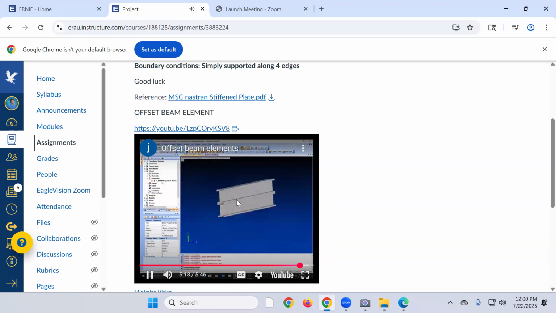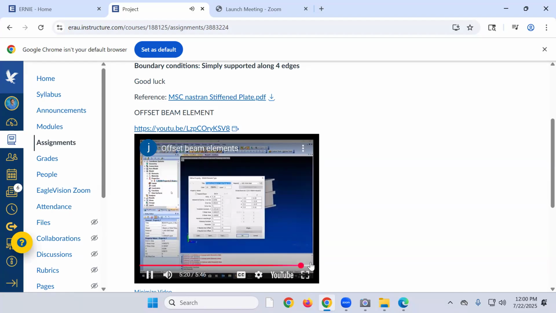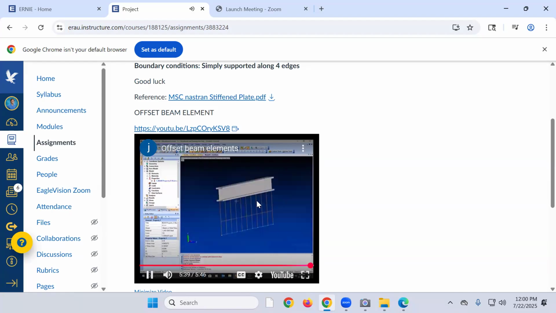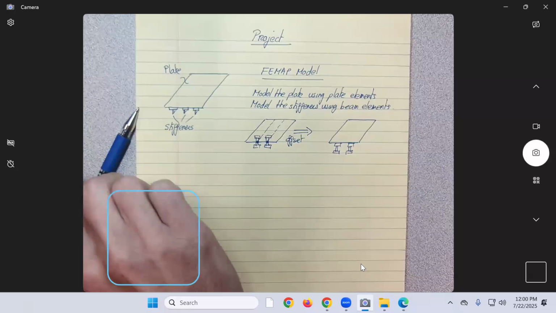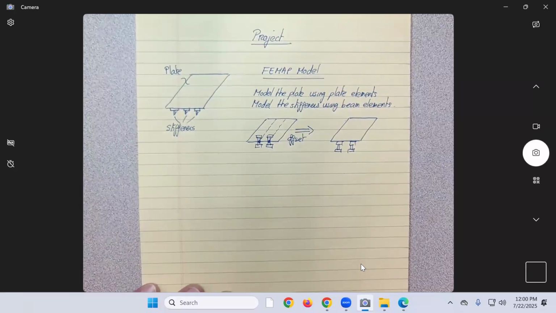Once you offset it, it will move it down. Anyway, this is what is shown on the video, to know how to do it. So this will be the first part, to do the FEMAP model.